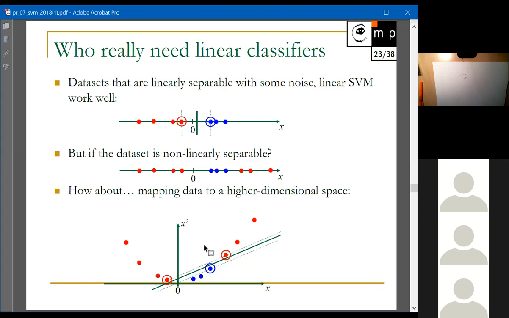And for the second, if we need two thresholds, say the blue class is somewhere in the interval between 0 and 1 and the rest is red, we could still solve this by mapping our single number x1 into x1, x2. In this two-dimensional space, the data, which originated in one dimension, lie on a one-dimensional manifold, but if we treat them as two-dimensional, there exists a linear classifier, with a fairly small margin by the way, that separates the two classes.